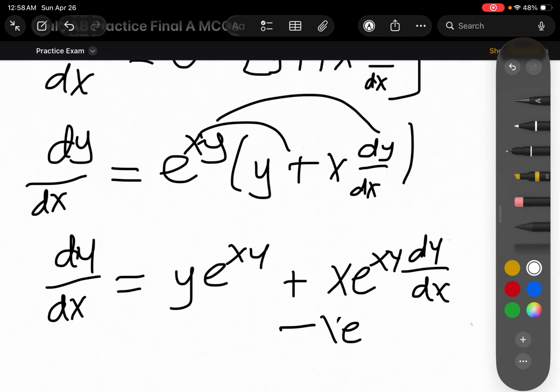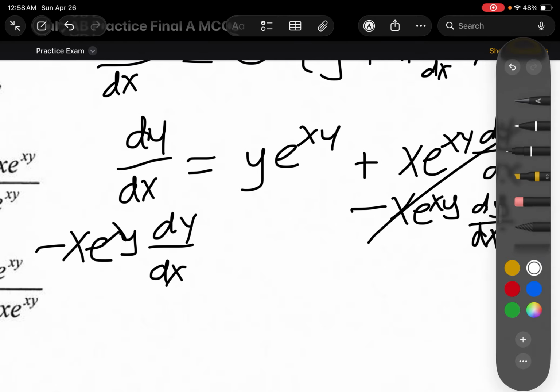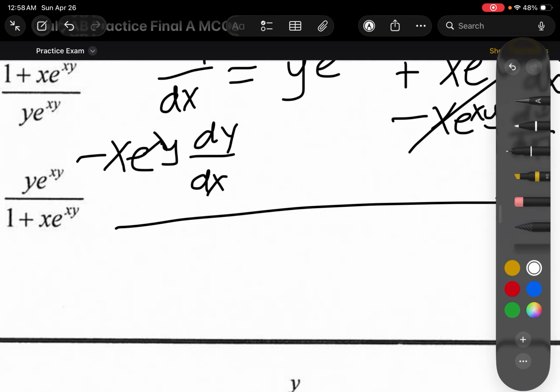Now we're going to move that dy/dx variable to the left.